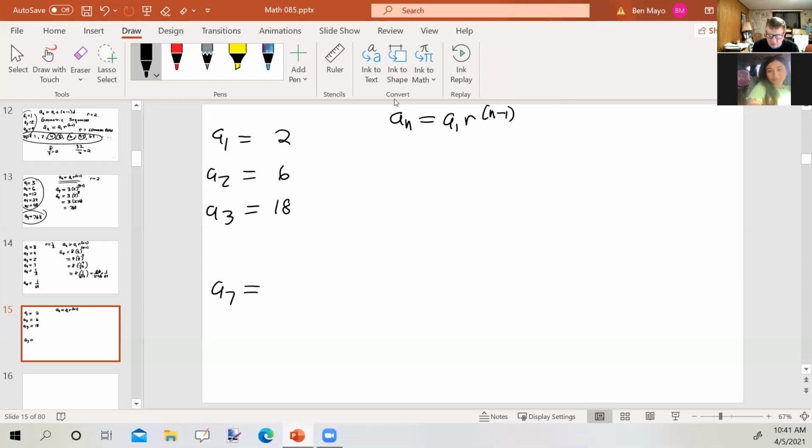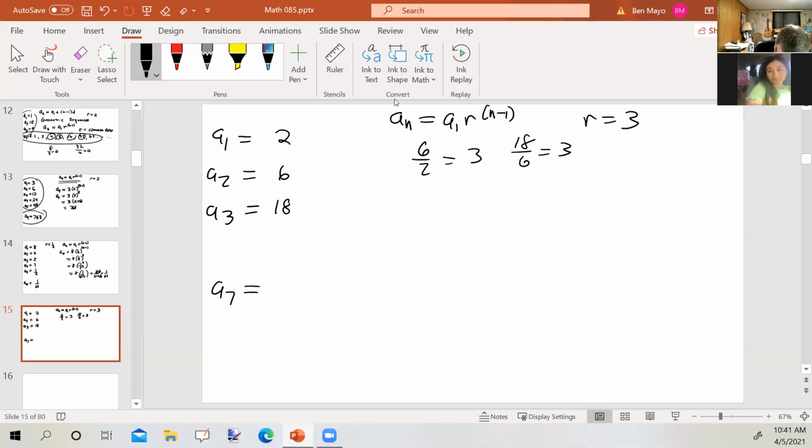The one exception is we couldn't take a sub 1 and divide it by the previous term because there is no previous term. But all right, so if I take 6 divided by 2, I get 3. Or if I take 18 divided by 6, I get 3. So the common ratio is 3. Any questions about how I found that?